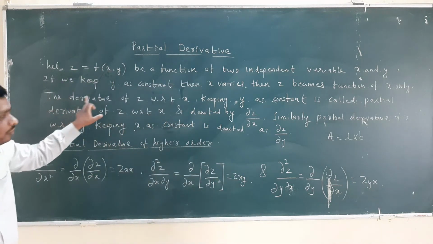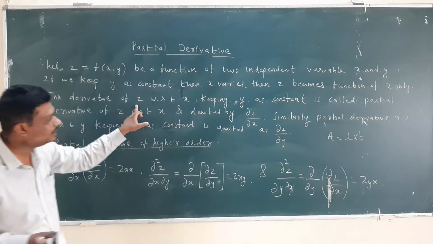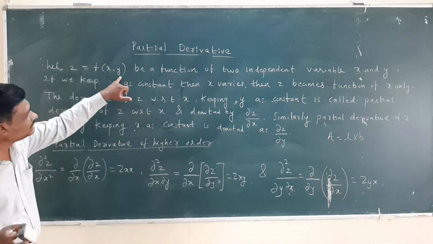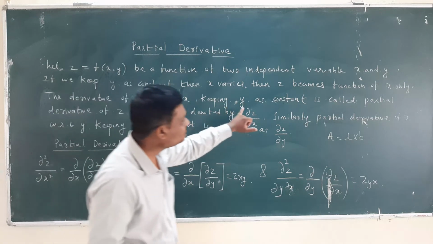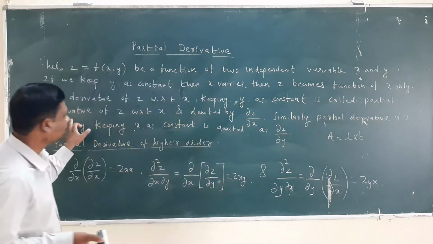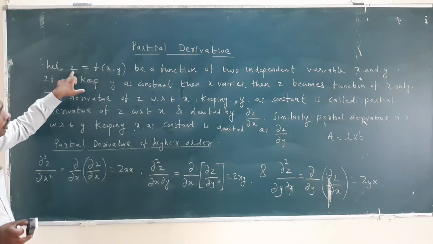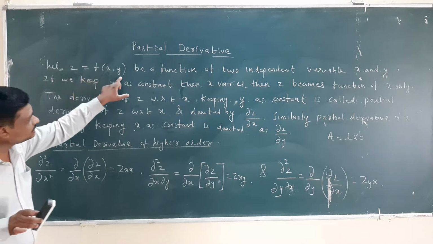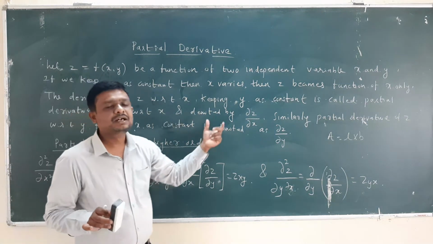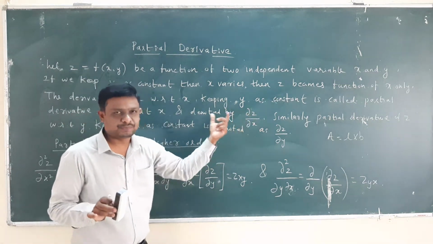Then the derivative of z with respect to x, taking y as constant, is called the partial derivative of z with respect to x. Once again, the derivative of z partially with respect to x, taking y as constant, is called the partial derivative of z with respect to x.